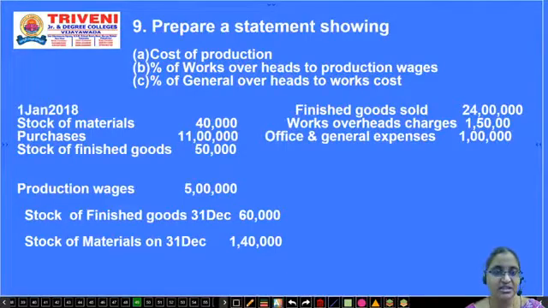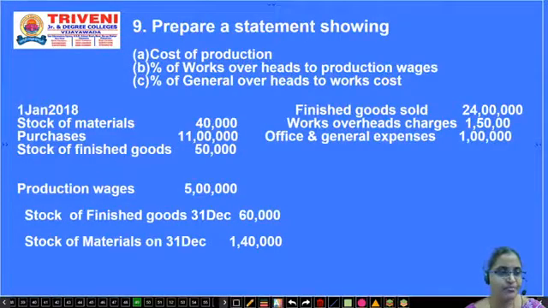They asked the percentage of office overheads with the help of the works cost. So these two points are new to you. Cost of production means, with preparation of the cost sheet, you find out the cost of production. After that, the percentages they asked. So factory overhead percentage was calculated with the help of production wages. Office and administration overheads were calculated with the help of factory overheads.